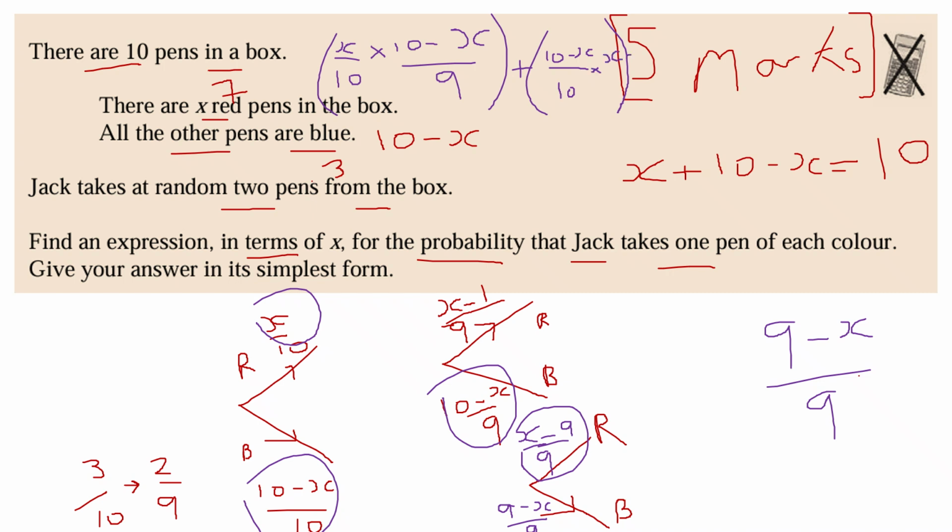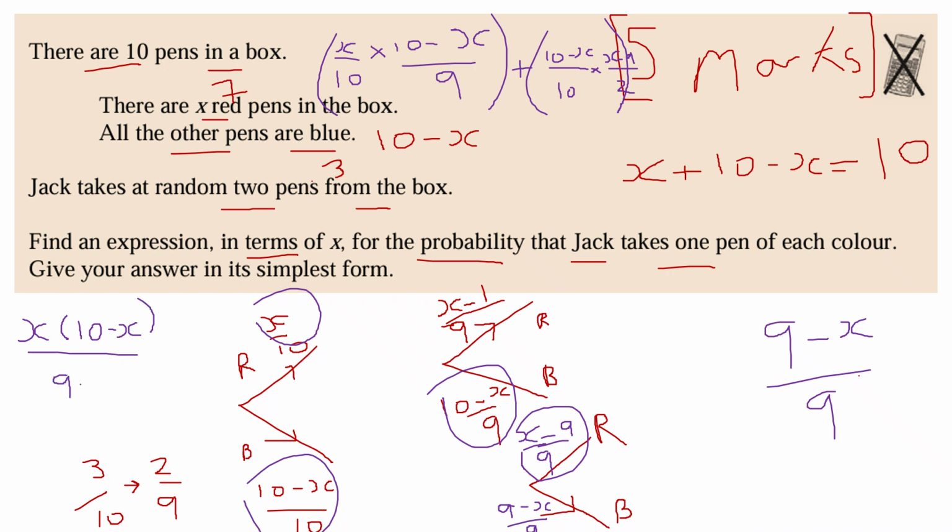Okay, so we've got some multiplying fractions involving algebra. In this first one, we're going to have x brackets 10 minus x on the top. So x lots of 10 minus x. On the bottom, 10 times 9 is 90.